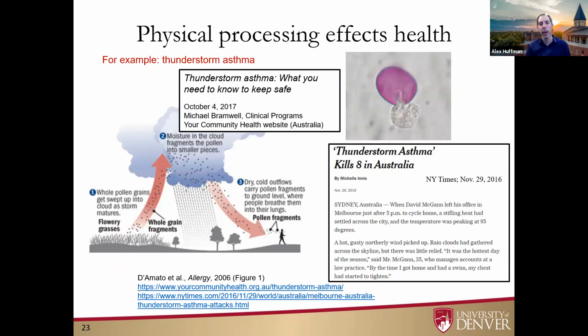And so this is one example of that, where I already mentioned the pollen can rupture, but if you take pollen, pull it in a strong updraft, let's say in a thunderstorm, now you have a lot of water and you have pollen that has been sucked into that cloud. And so the pollen can be in a really wet environment and then rupture.